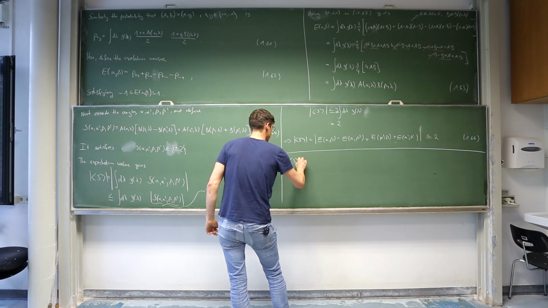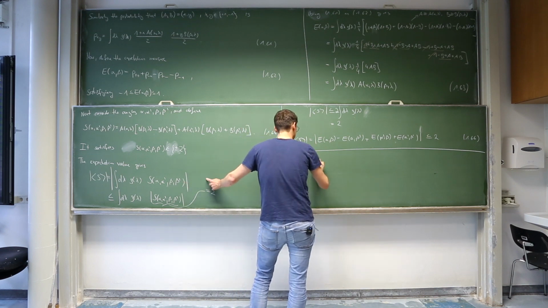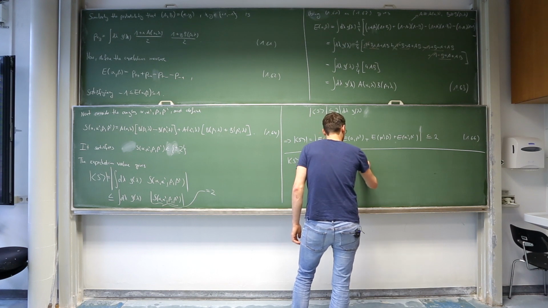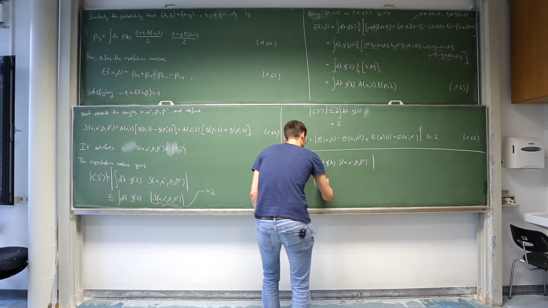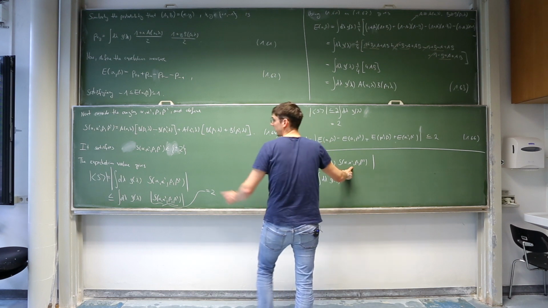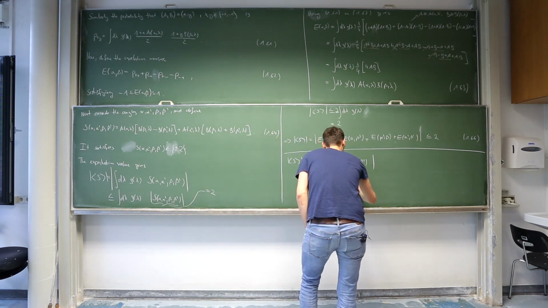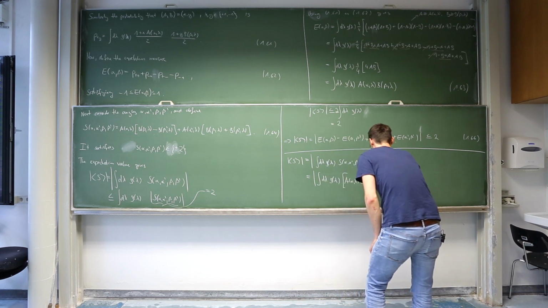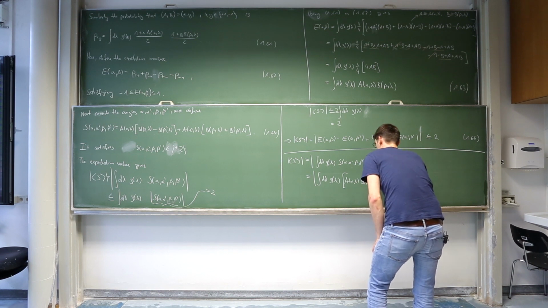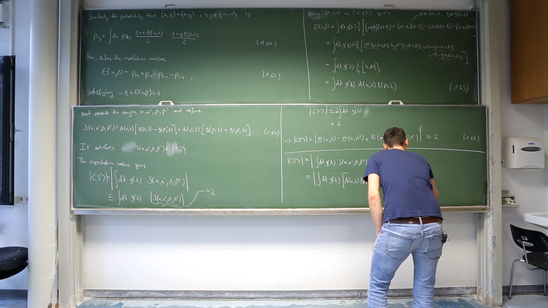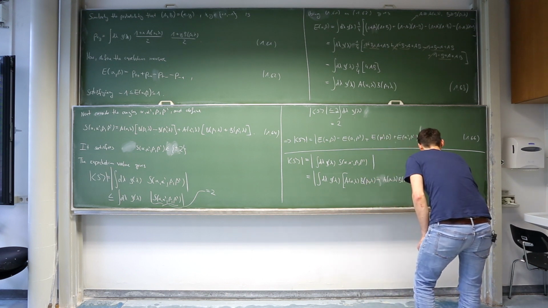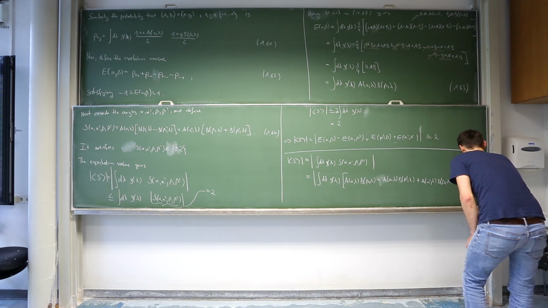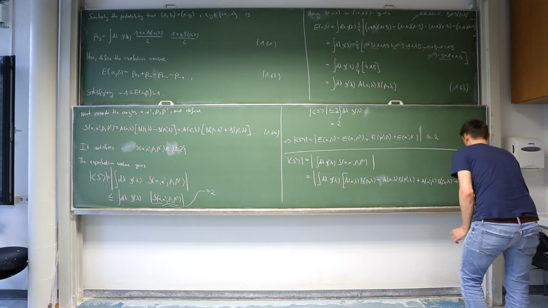So S is equal to the integral dλ ρ(λ) S(α, α', β, β'), which is the integral dλ ρ(λ) and now I plug in this expression, which gives me A(α, λ) B(β, λ) minus A(α, λ) B(β', λ) plus A(α', λ) B(β, λ) plus A(α', λ) B(β', λ).